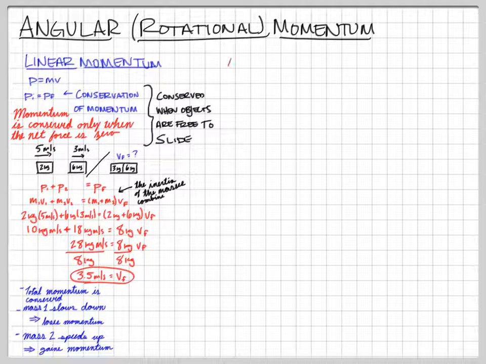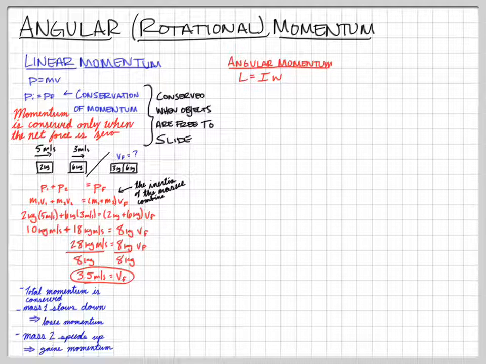That's linear momentum. Angular momentum, it's kind of the same idea, but we're going in a circle. For angular momentum, it's an L. Don't ask me why. And instead of mass, we have rotational inertia, I, and instead of linear velocity, we have angular velocity, omega. So L is equal to I times omega.